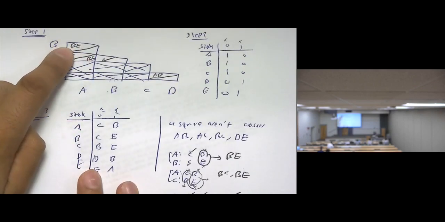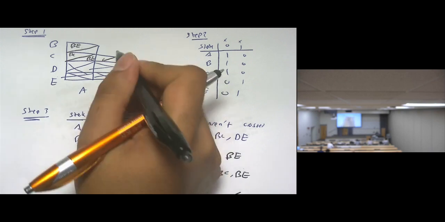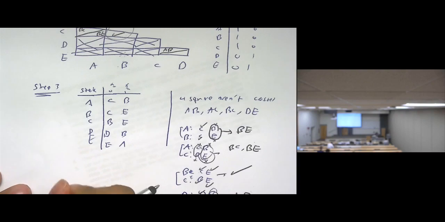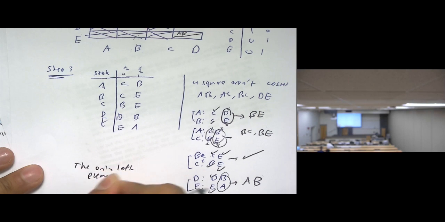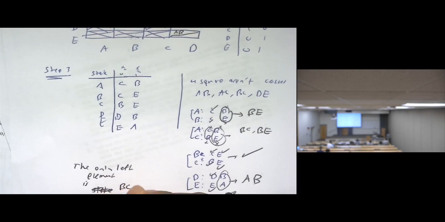Okay? Then the only left element is what? Where there is a check mark here. Right? So the only left element is BC. Right? This BC block.